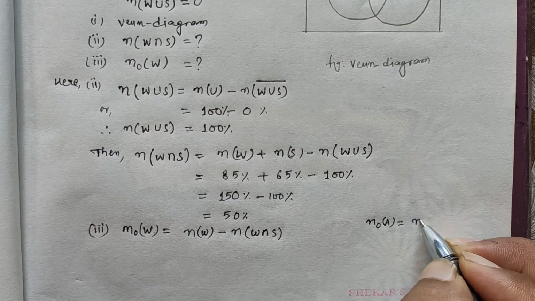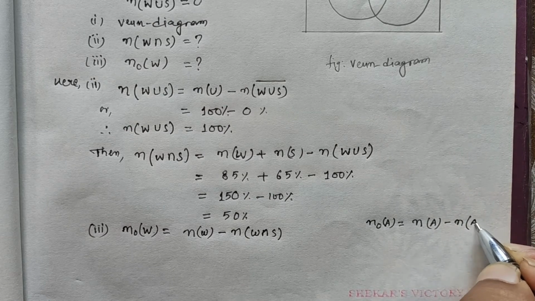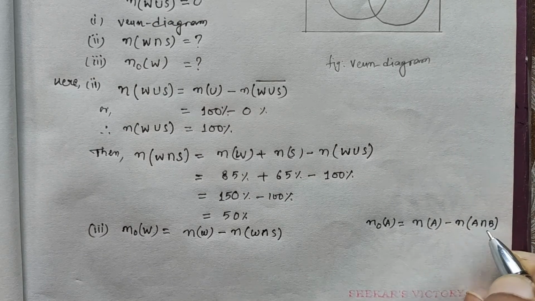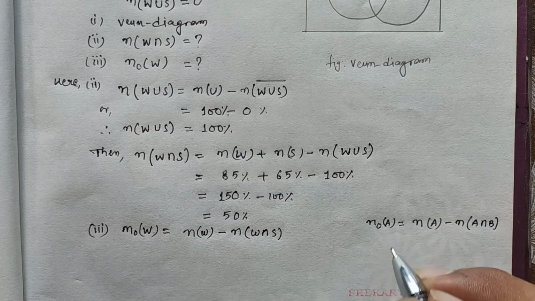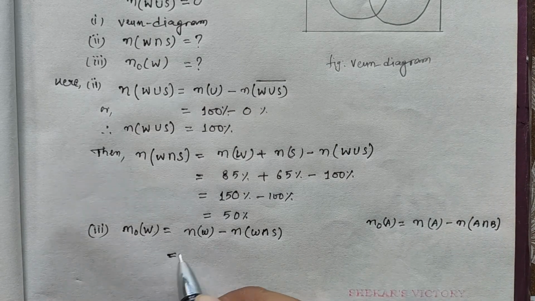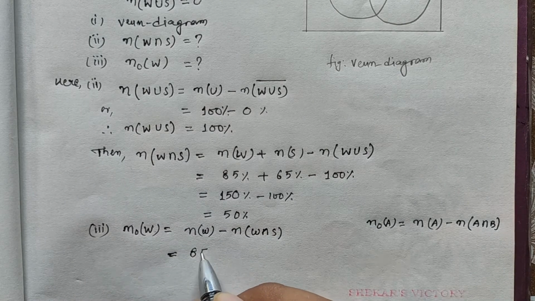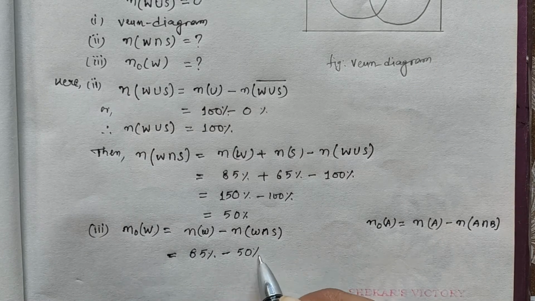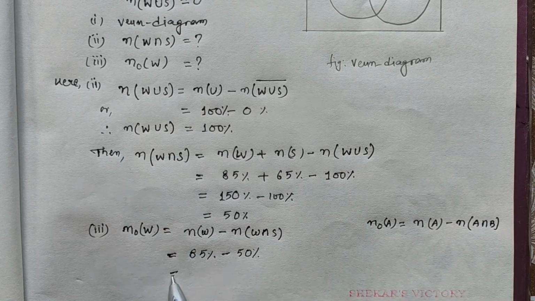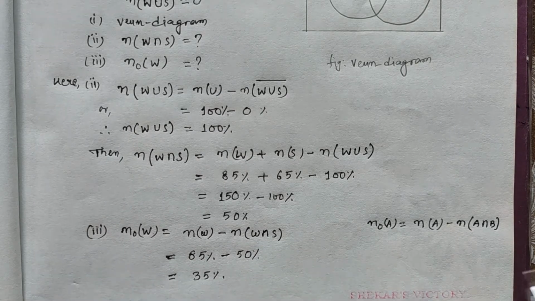It is n(A) minus n(A intersection B). So the intersection part is subtracted, so from A, n only A remains. So n(W) is given, 85%, and the intersection part we have just found in the above case, so it becomes 35%. So yeah, that's your result.